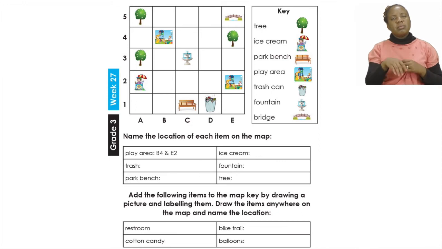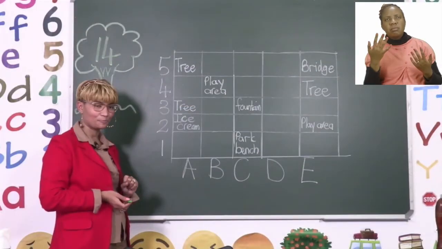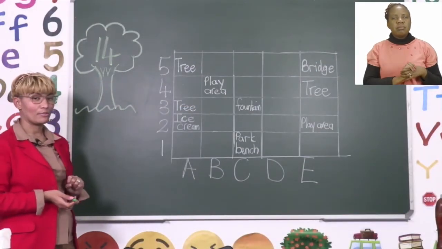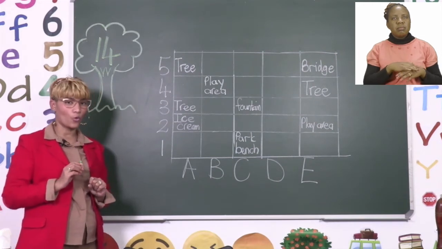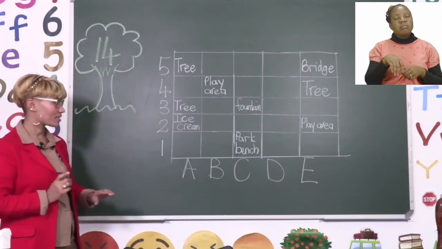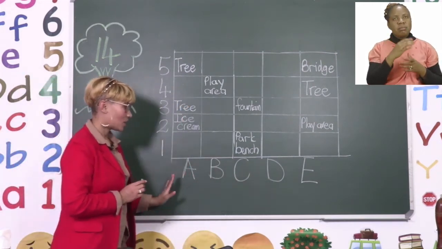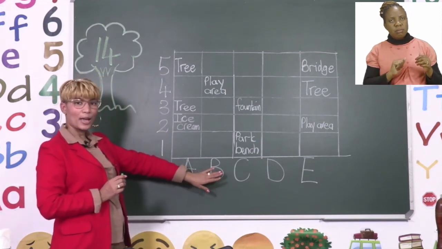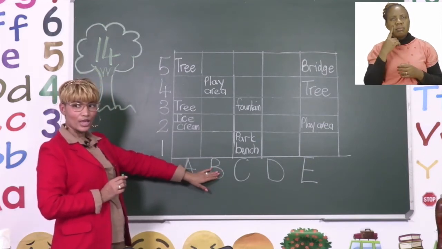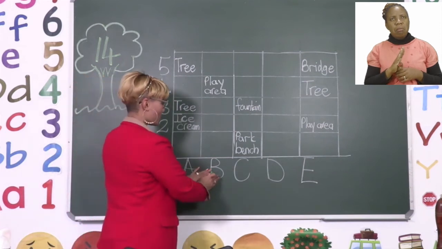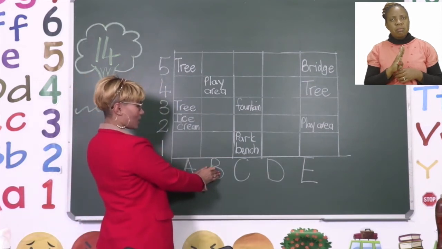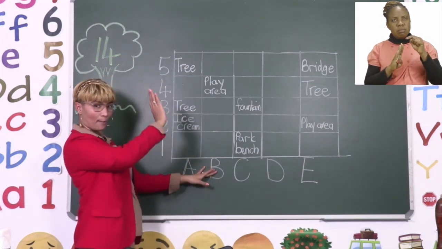Now let's quickly find B4 to see if we find the play area. So remember B4. So we start with the letter. So over here we have the letter B. Right? So now we take B and we count 4 blocks up.